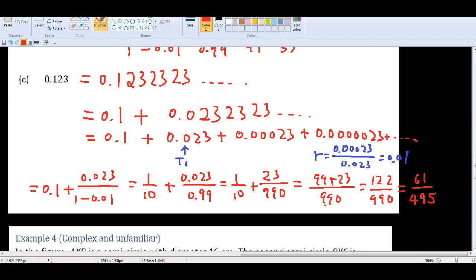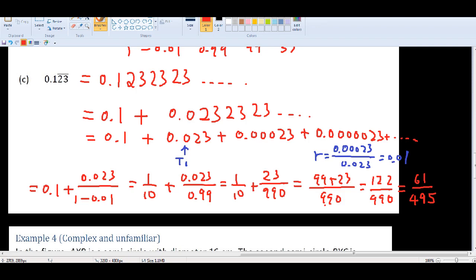The most interesting part is that you need to separate that 0.1 from the rest of the number, because that 0.1 is not part of the recurring pattern. So you need to separate the non-recurring part from the recurring part.